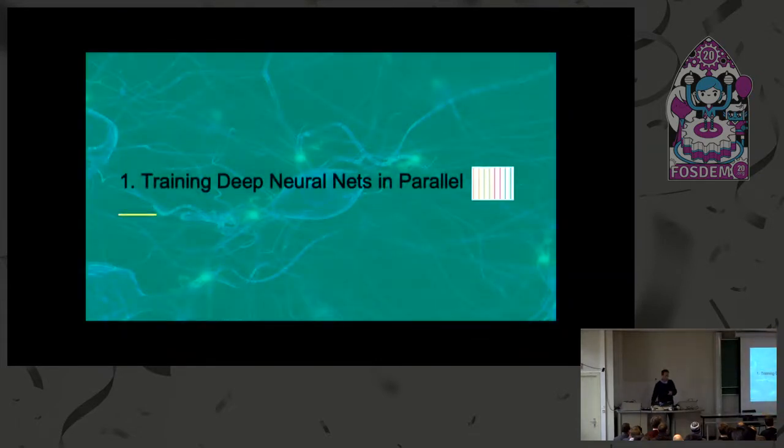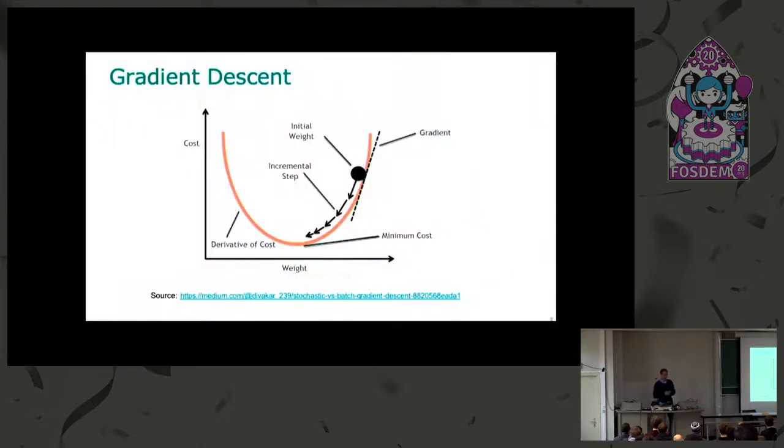So what are the different ways in which we could train neural nets in parallel? And in order to understand the various options, let's just briefly remind ourselves what gradient descent is. It's the most common optimizer, or variations of it, which is used in deep learning. So we want to minimize some loss function.